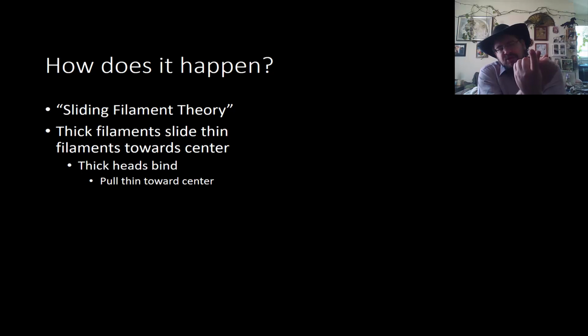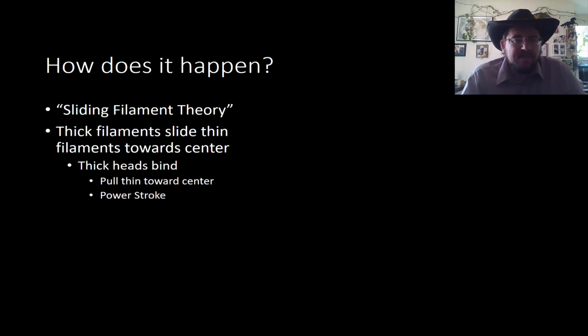And they can do that multiple times. Heave, heave, heave, heave, until you get maximum contraction. So I'll get that little heave, heave, heave, like that. That's actually called the power stroke.